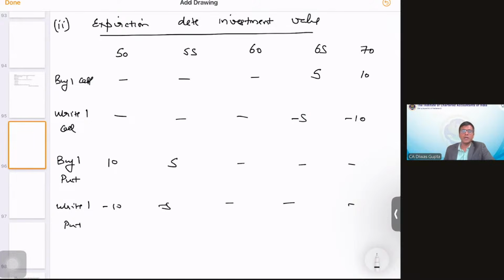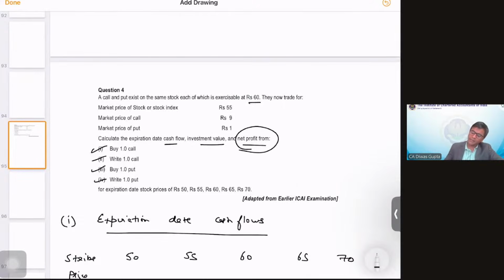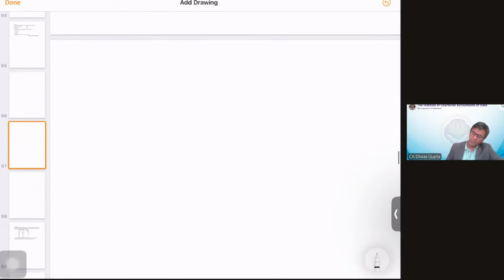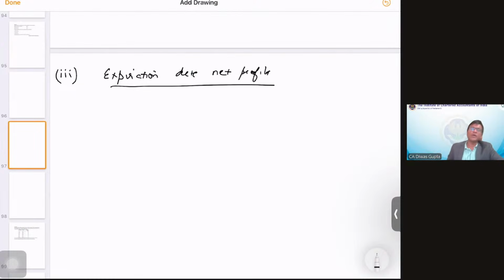Okay, students. I hope this is clear till now. Clear. Perfect. Now, the third part, on the expiration date, they're asking us the net profits. How do you calculate the net profits, which is as good as net payoffs?